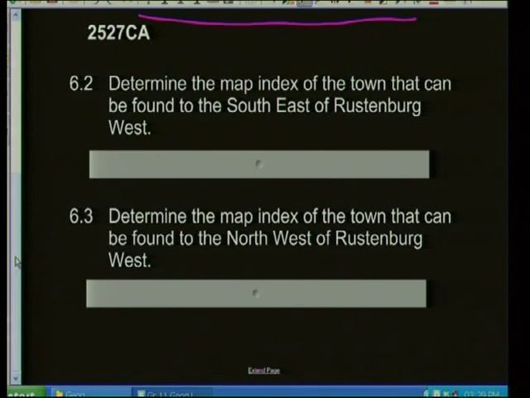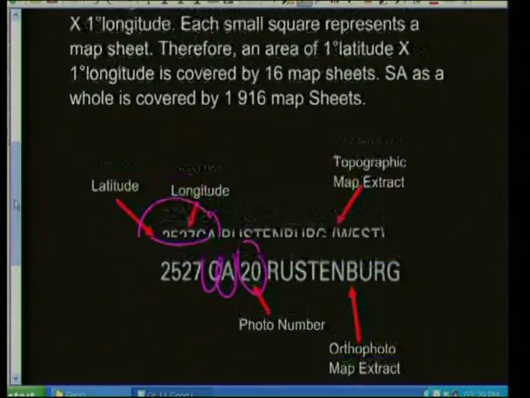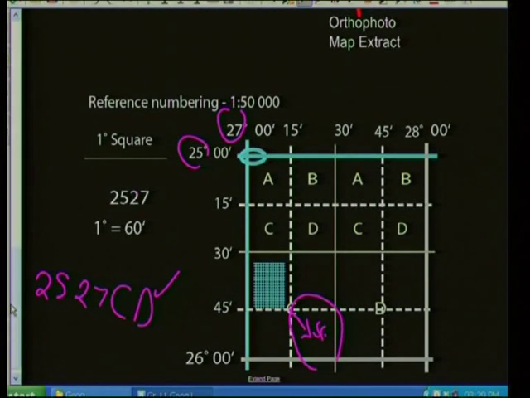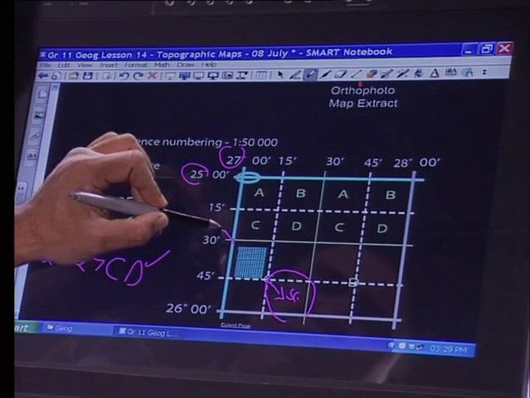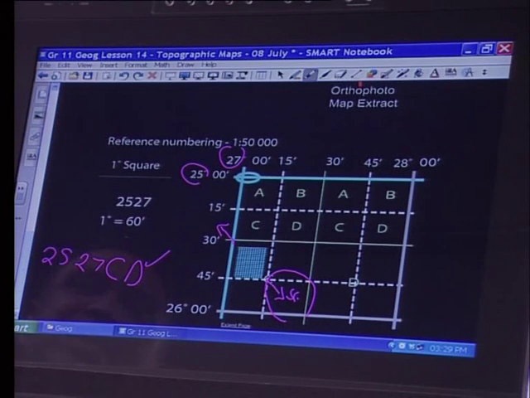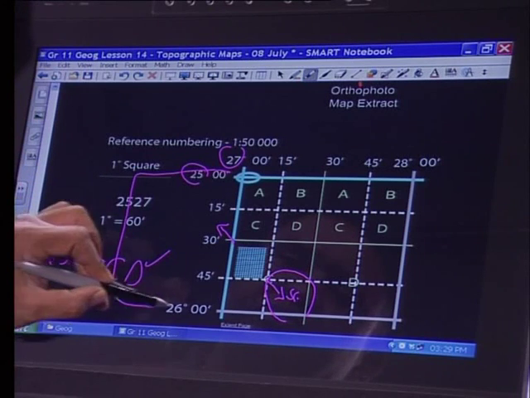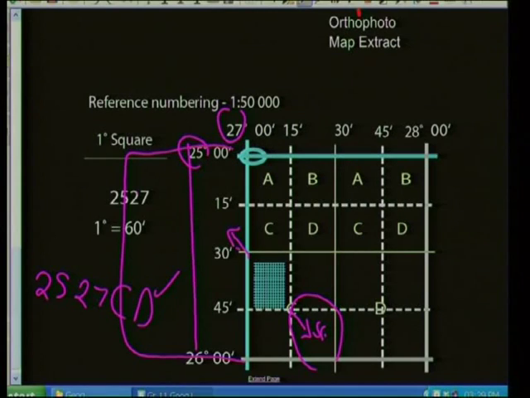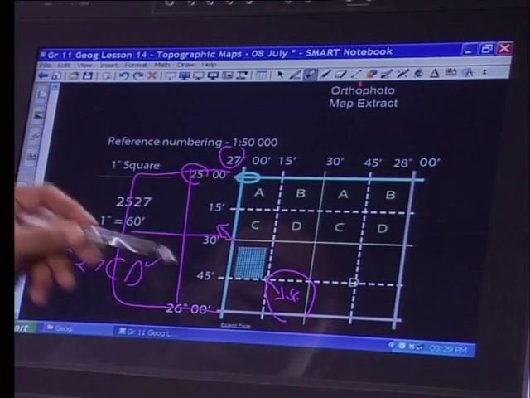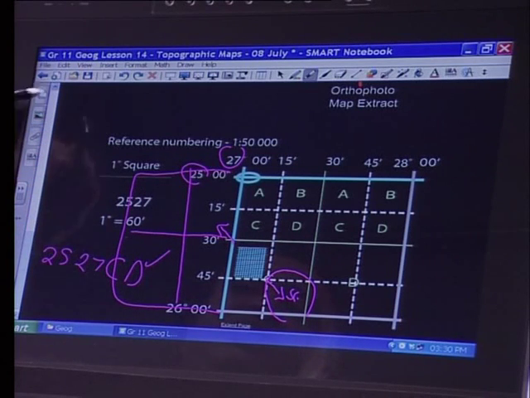Determine the map index of the town that can be found to the northwest of Rustenburg. Now watch, learners, just be careful. It says northwest. So what am I looking at? I'm looking at here, and I draw in another block. First of all, has my latitude changed? No, it's still between 25 and 26, so it's 25.